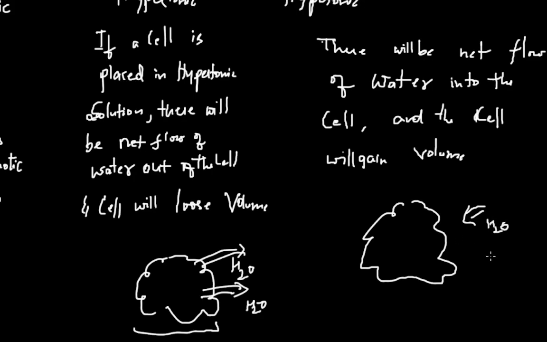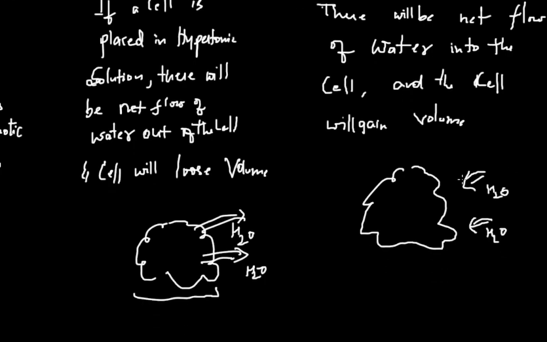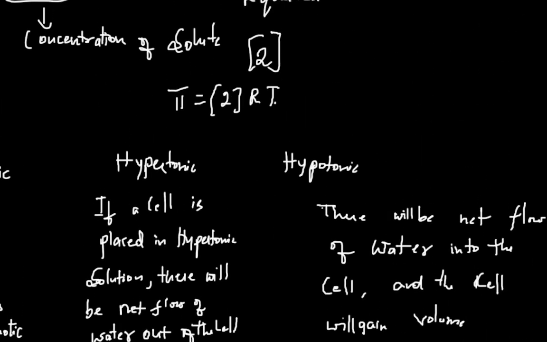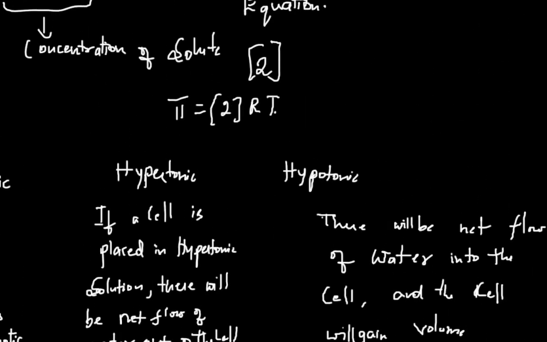Water flows inside. So that was about the three terms: isotonic, hypertonic, hypotonic. So, osmosis, osmotic pressure, Van 't Hoff's equation, and the three terms. Thank you so much.